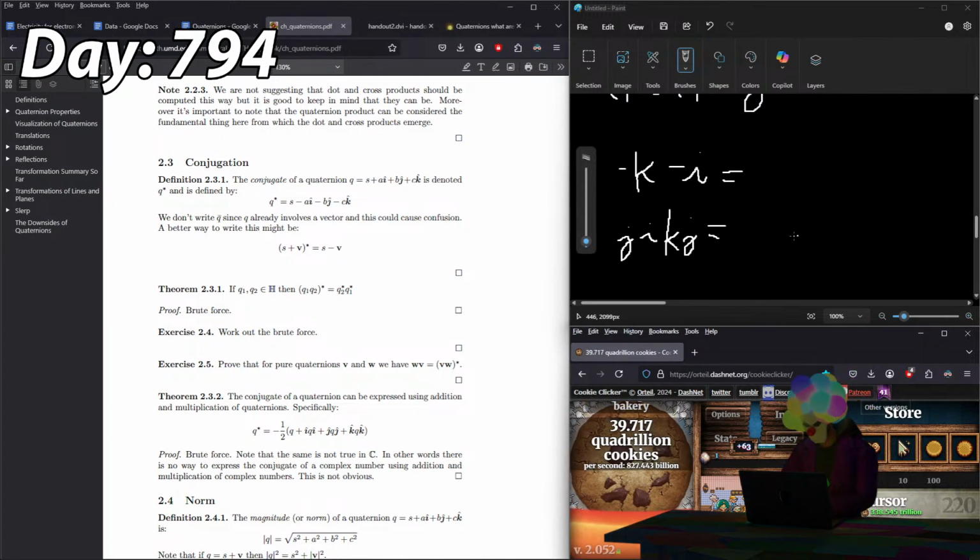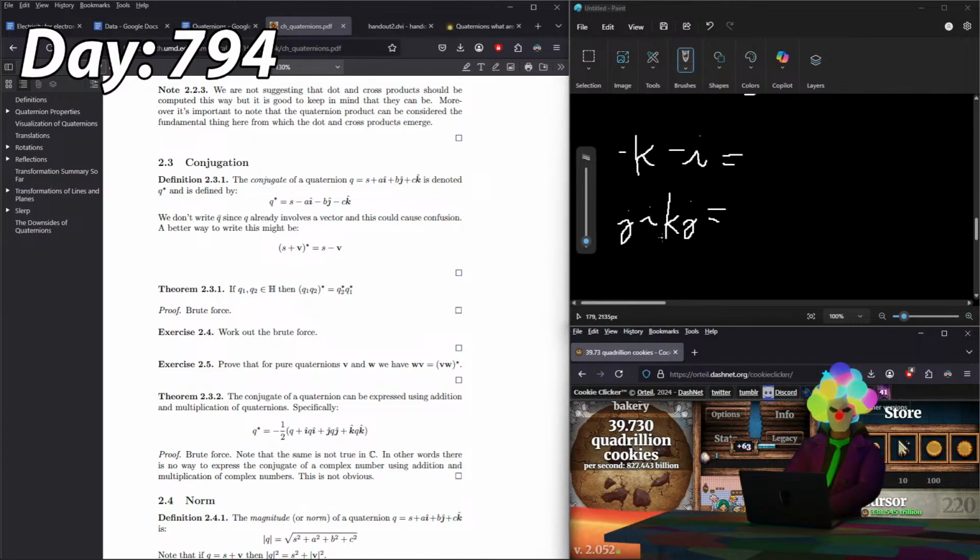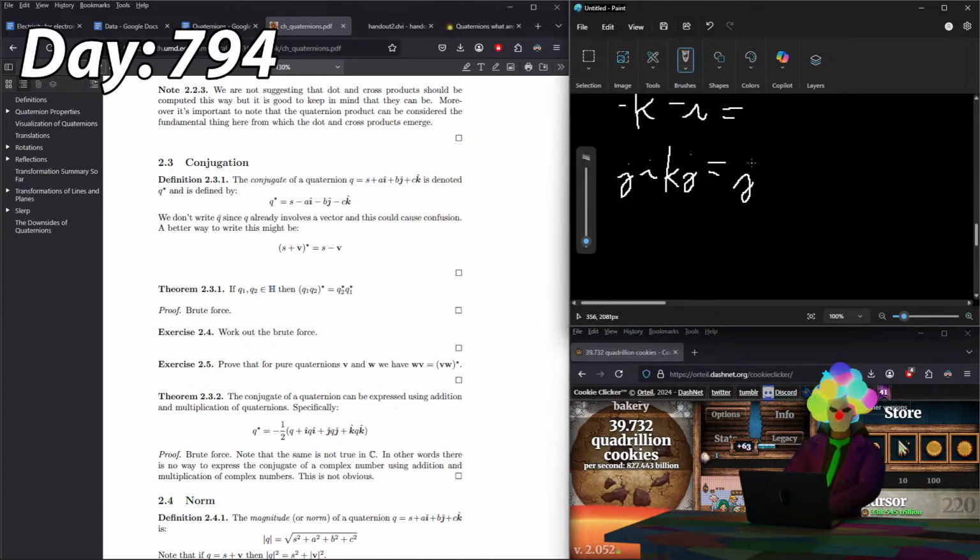IJKI, which means this one would be negative J. KI is equal to J, which means this would be negative J. So this would be J, negative J, J.